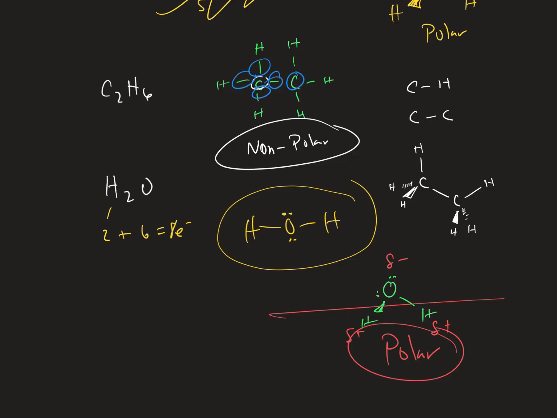Any other questions on this? Would you like to try some more? Okay, you got a whole worksheet full of these. So on this worksheet, let's go to section 3, it draws it for you. It does everything except you have to tell whether the bonds are polar and do the line test, right?